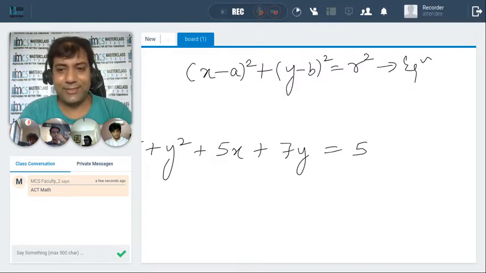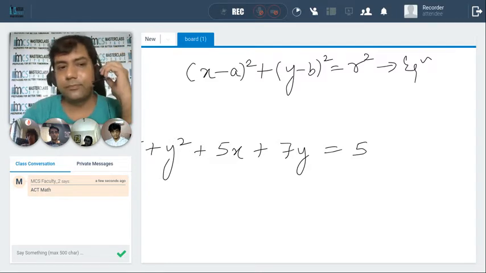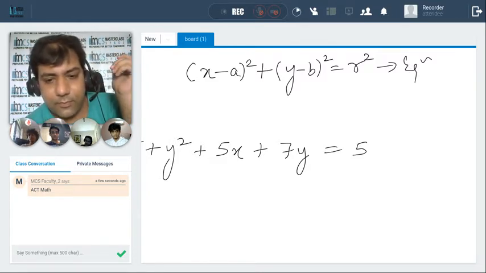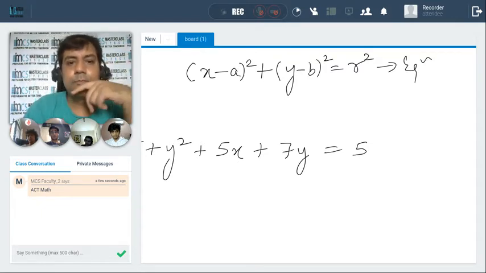So you'd have to bring it to the x squared plus y squared form, and I think you can do that by completing the square. So you bring the terms x squared plus 5x and y squared plus 7y. I did this last year. I'm trying to remember.